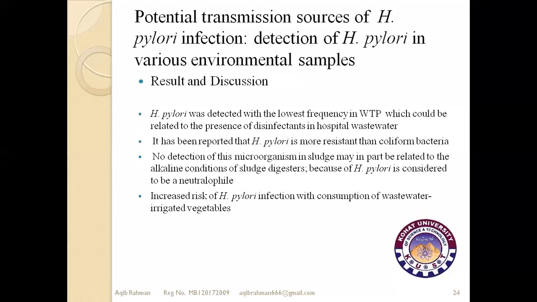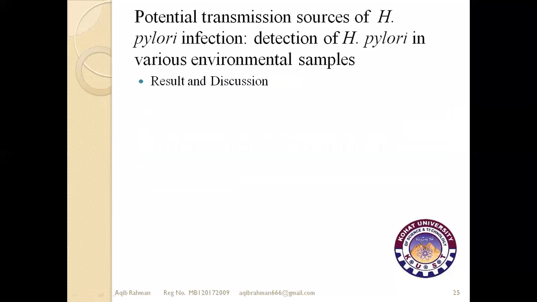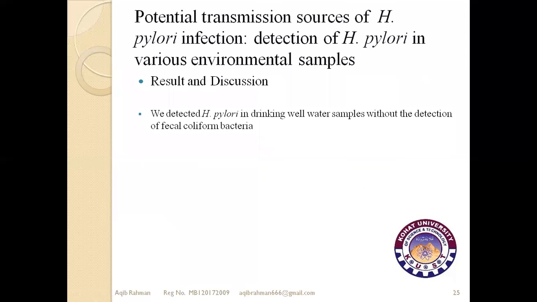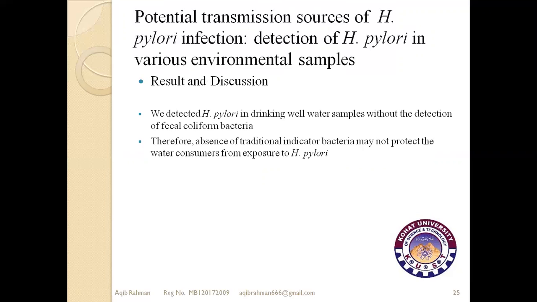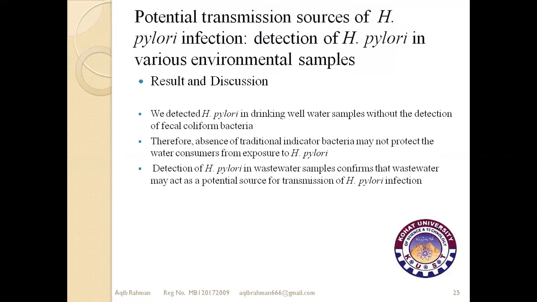Increased risk of H. pylori infection with the consumption of wastewater irrigated vegetables. We detected H. pylori in drinking well water samples without the detection of fecal coliform bacteria. Therefore, absence of traditional indicator bacteria may not protect the water consumer from exposure to H. pylori.